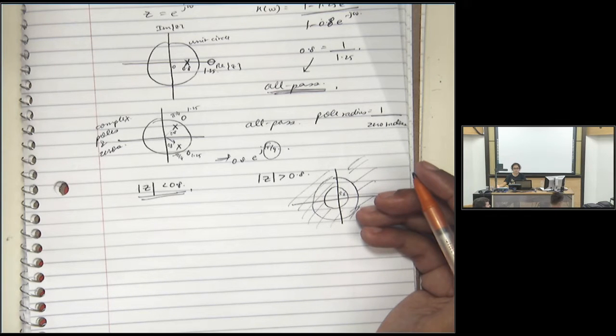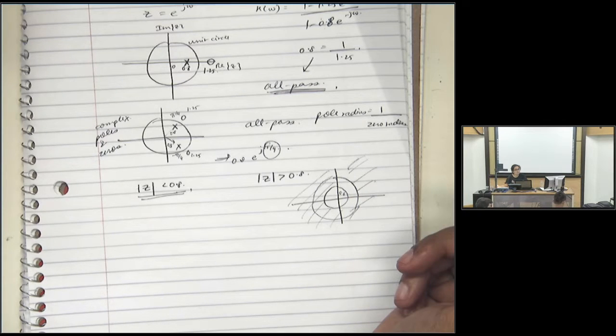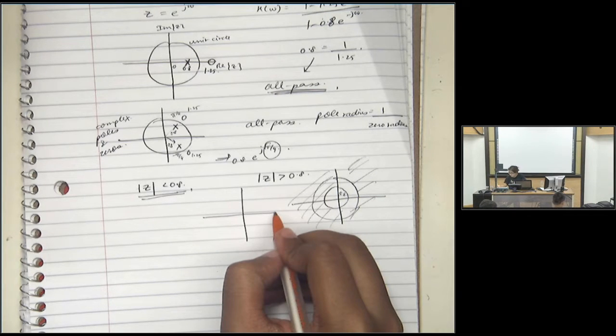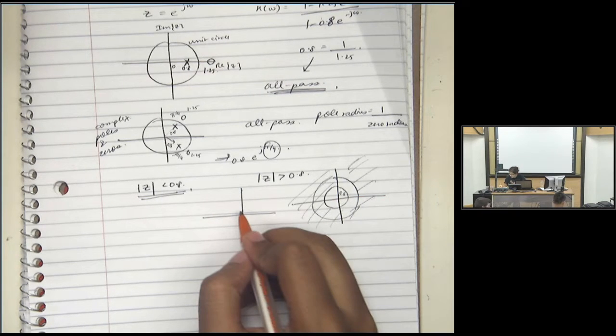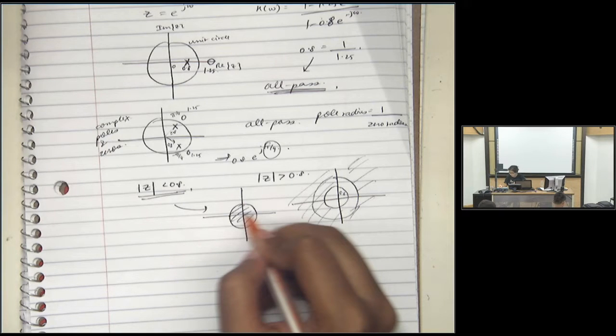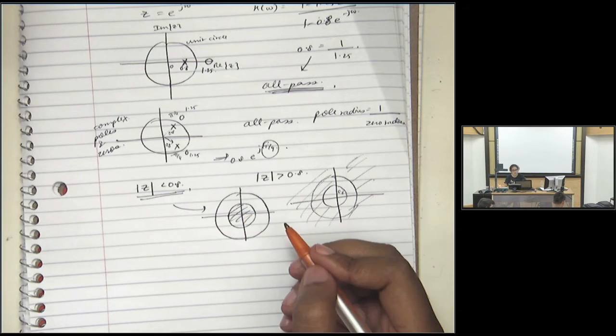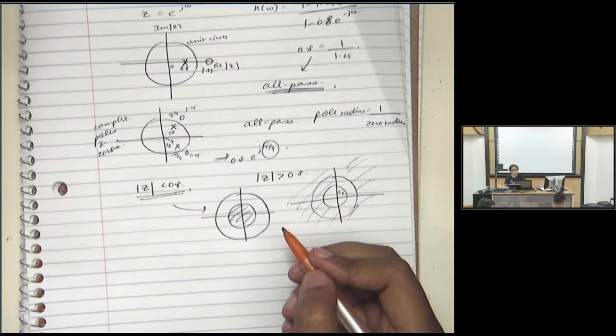So if magnitude of z was less than 0.8, wouldn't the inner circle just be smaller, but still converge? No, it won't cover my... See, this unit circle is not an area. It's just the boundary, right? So if it's less than 0.8, my unit circle is outside my ROC. Oh, okay, I see. So it would only work for the donut shape, but not for the inside.